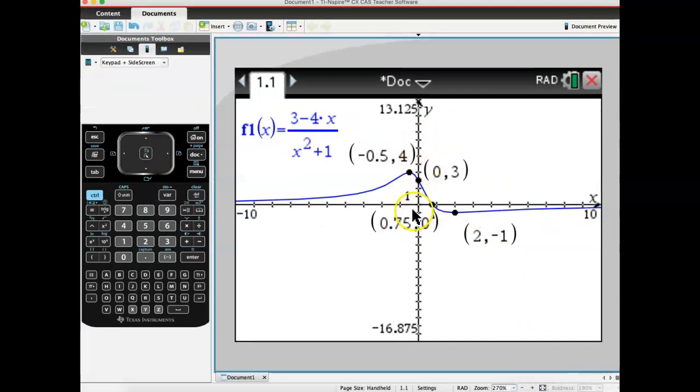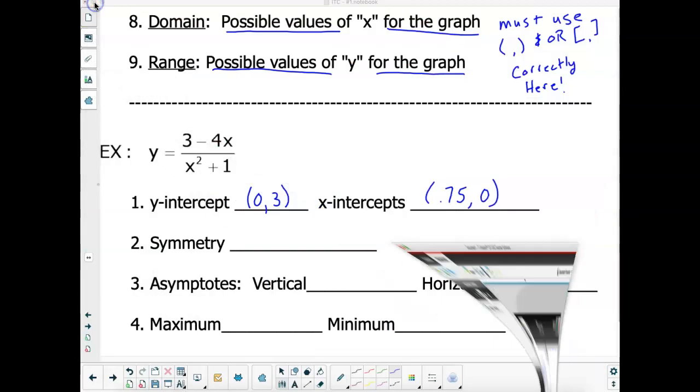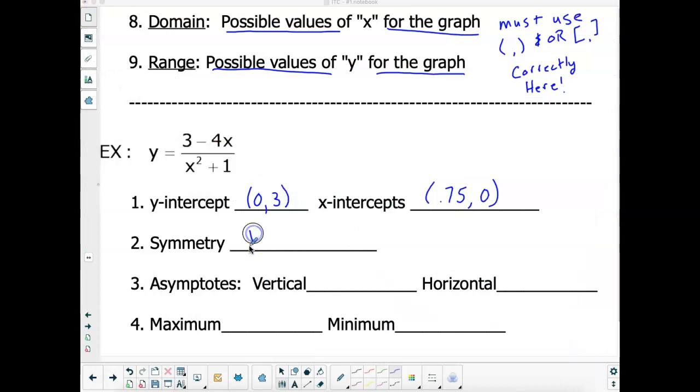Nope, doesn't look the same. Definitely not x-axis symmetry because I can see these points. Now if I took negative 0.5, that's got to reflect across to where 0.5 would be, and that line would not go through the origin, so there is no symmetry here. So I'm going to say none.